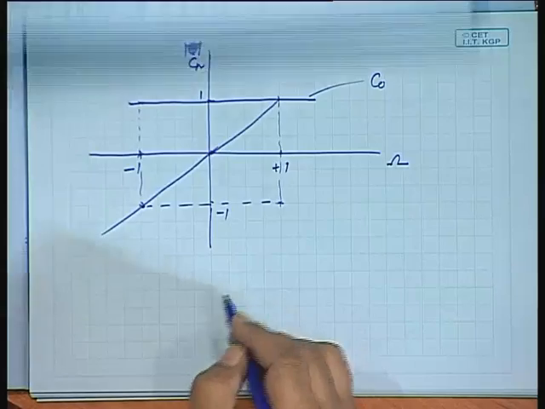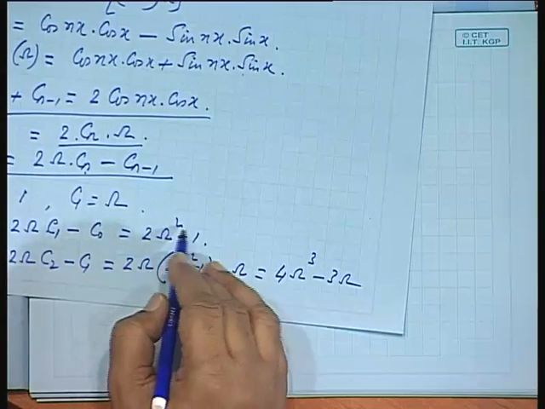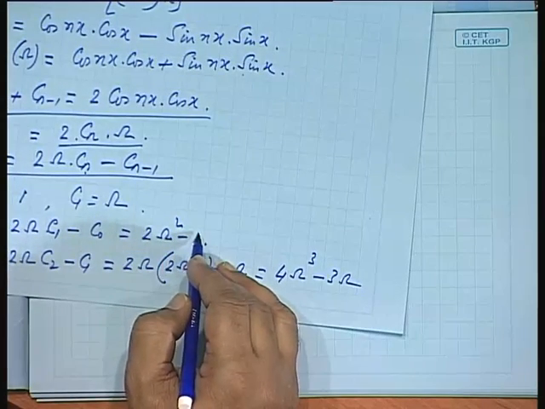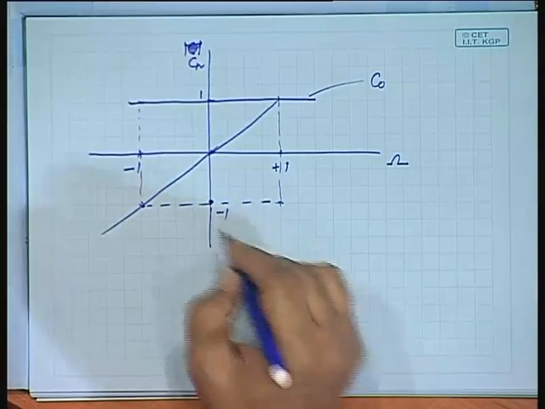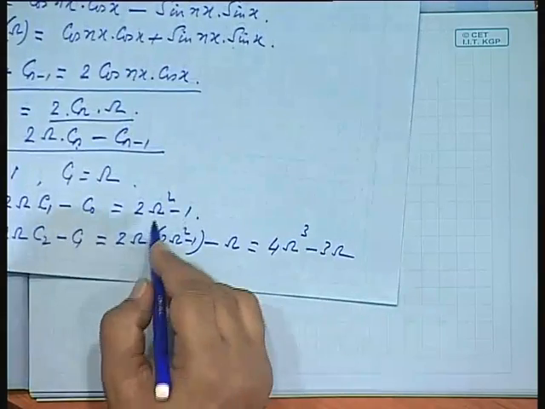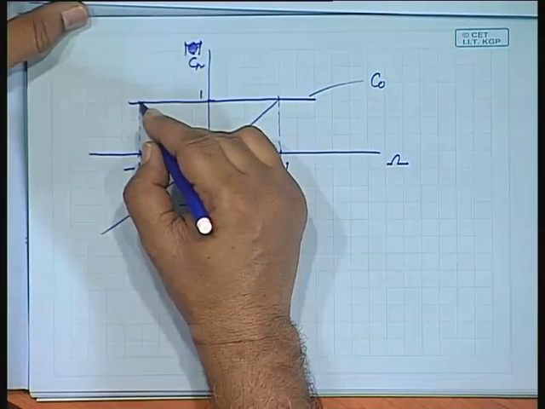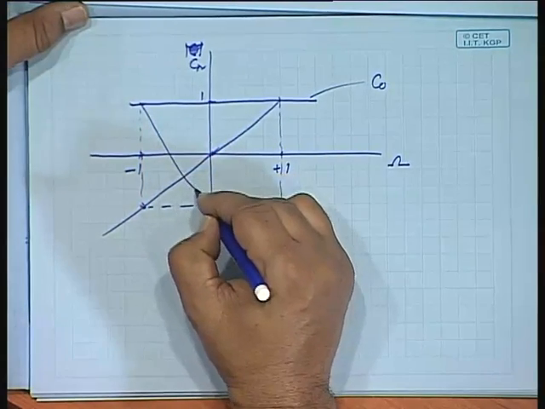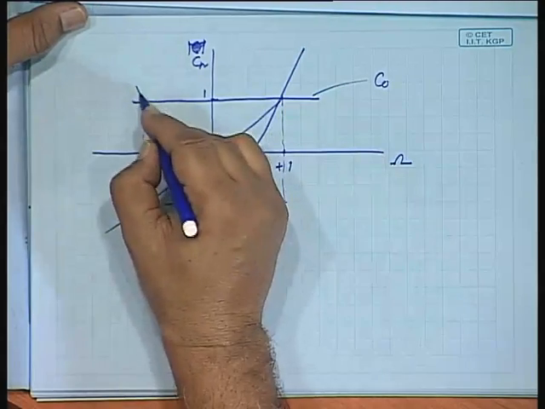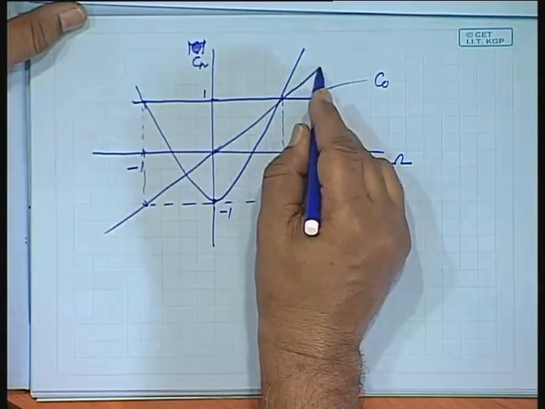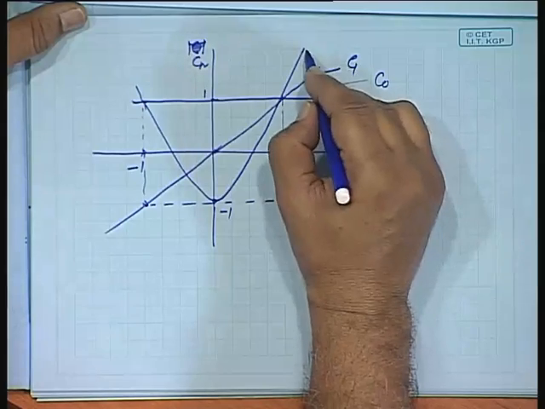Then C2 is 2 omega square minus 1. So, when omega equal to 0, it is minus 1, and when omega is equal to minus 1 or plus 1, it is 1. So, it starts from here, it is a parabola going like this. So, this is C1, this is C2.